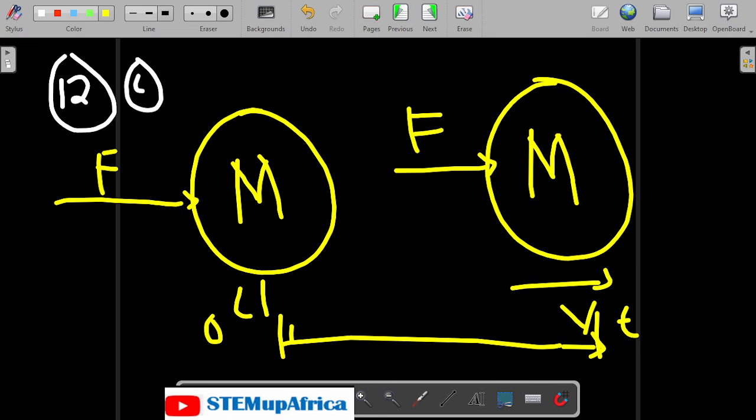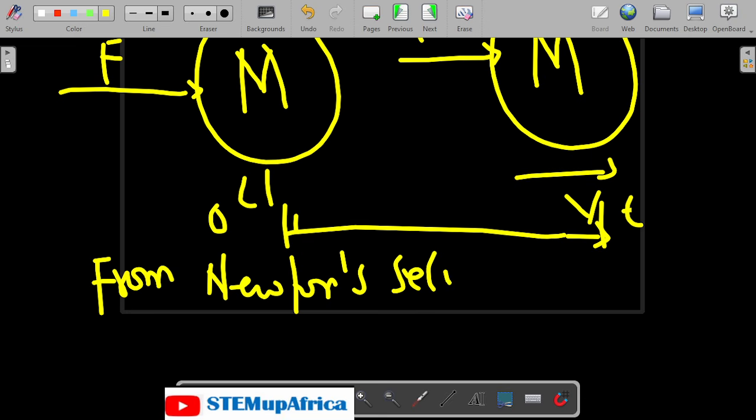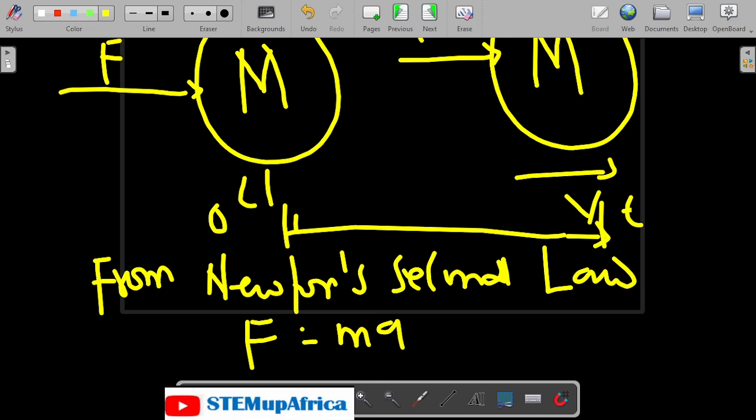Okay, so we know from Newton's second law, let's state it, because all these things count. From Newton's second law, we have F equals ma, which is mass times acceleration. Let's call this equation 1.